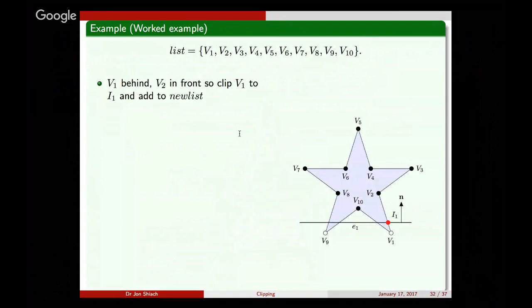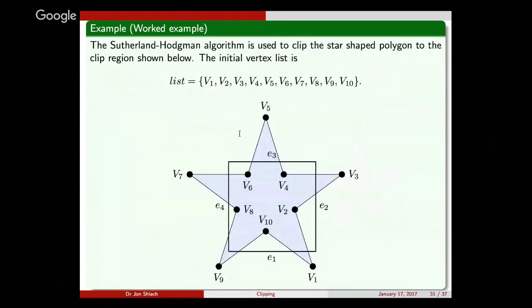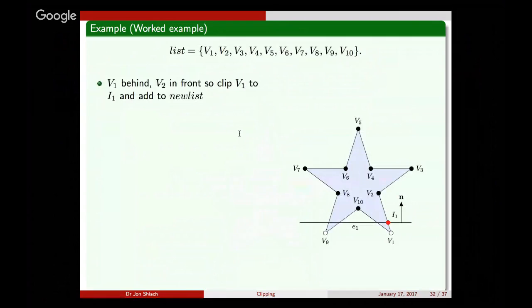Okay, so first thing we do is take the bottom edge, edge 1. We always assume that our normal vectors for our edges are pointing towards the centre. So we take the bottom edge and we loop through our list.